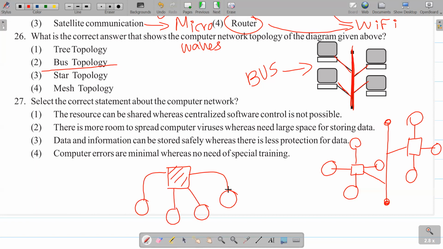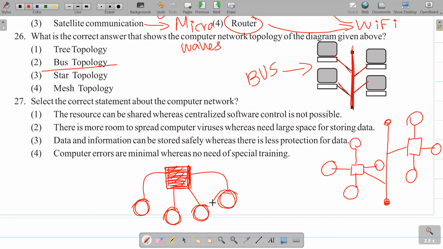Star topology. Yeah, it is a star topology, right? Don't tell me it is like a robot topology or something, right? This is star. What is the basis of the star? It has a middle device, and every computer or device is connected through that middle device. So it is a star, right?